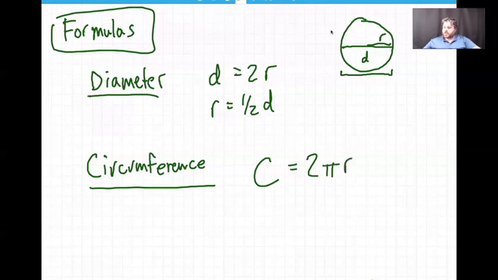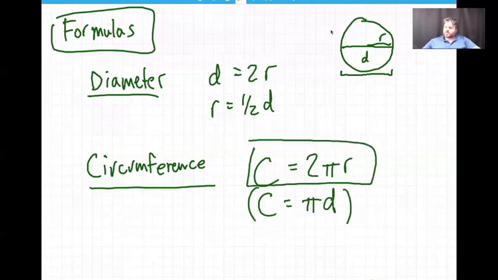Now, alternately, you can connect this: 2r is just the diameter. So you can say that's really just pi times the diameter. That's an alternate form. But usually we're used to using 2 pi r. The circumference, the distance around the circle, is 2 times pi times the radius.